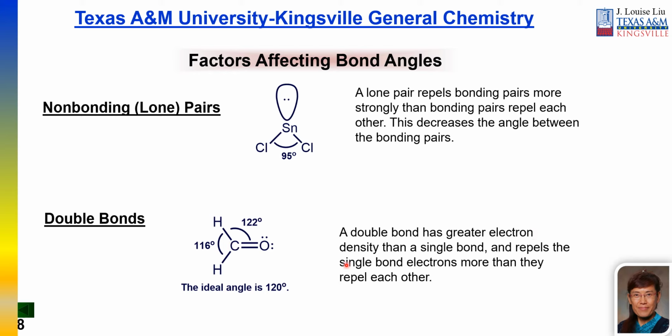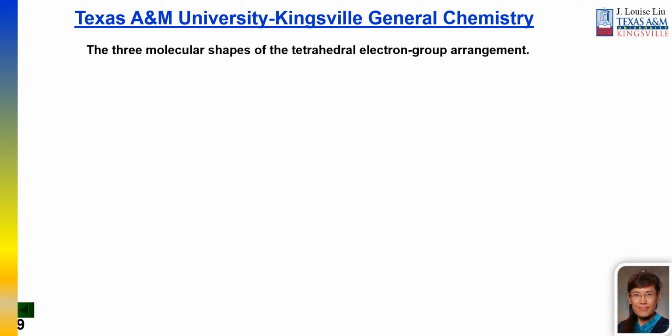Double bond has a greater electron density than a single bond. Therefore, the double bond repels the single bond electrons more than the single bond repels a single bond. In other words, the carbon-hydrogen single bond angle will be decreased from 120. What we found is 116 degrees.